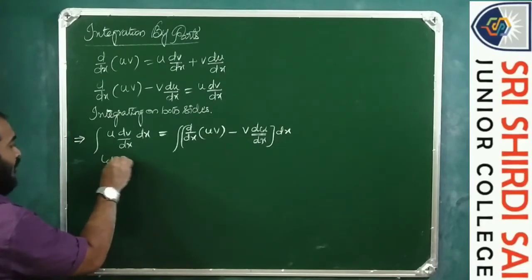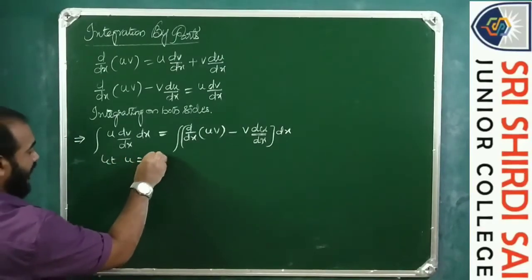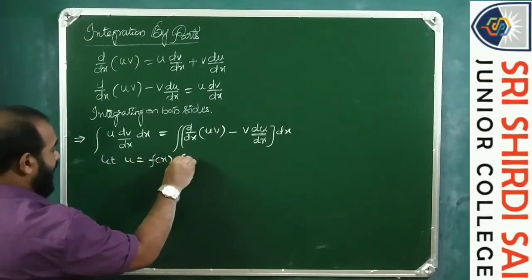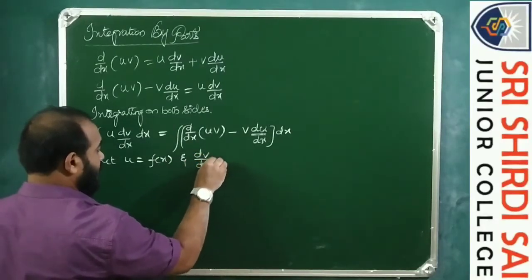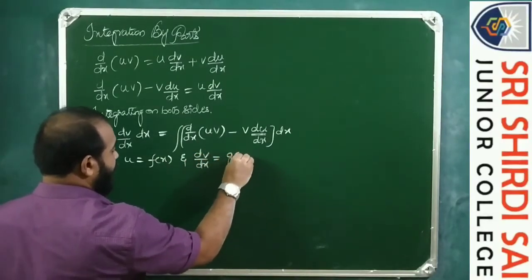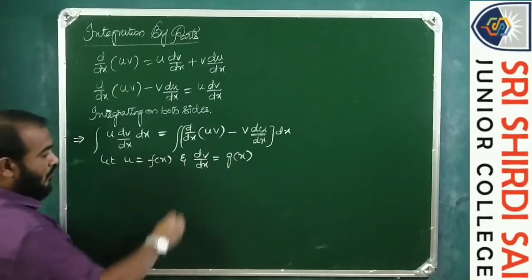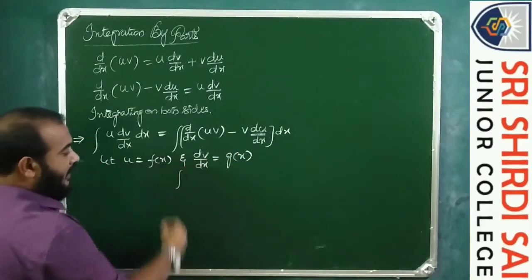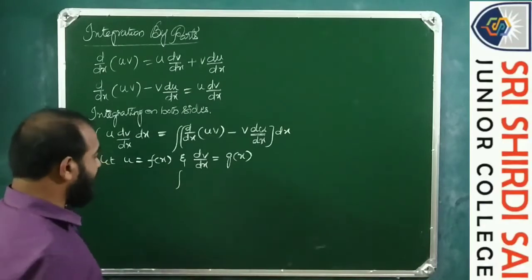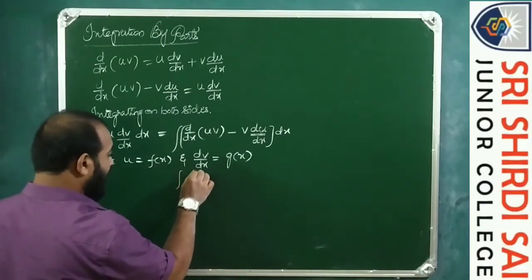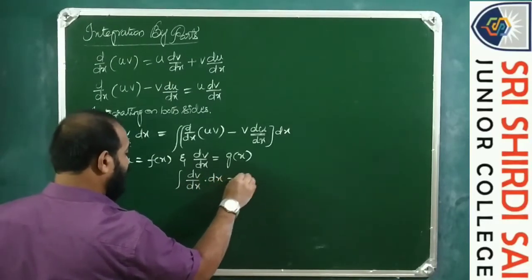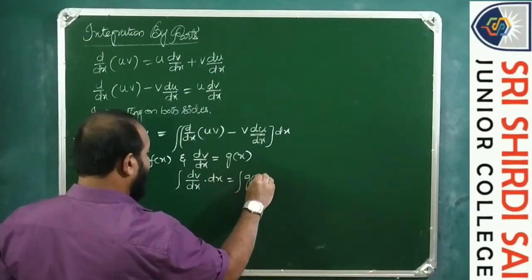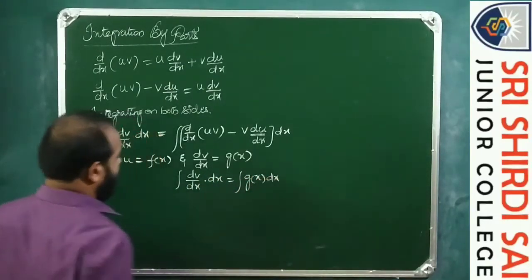Here let u equal f of x and dv by dx equal g of x. Now let us apply integration on both sides, then we get the integral of dv by dx into dx equals the integral of g of x dx.